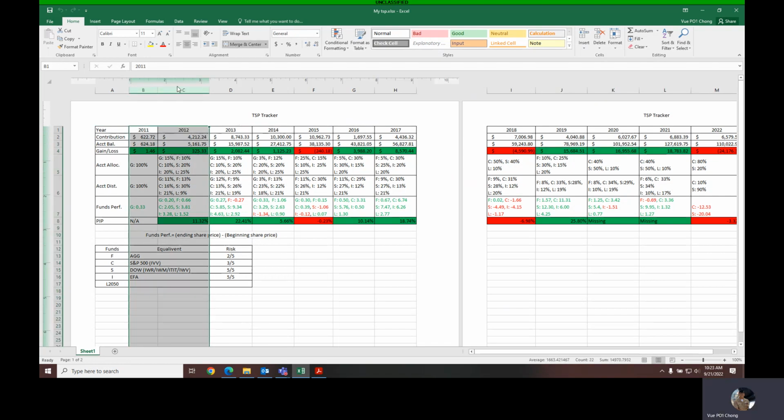Boot camp, got into TSP not knowing what's going on. So most of your money is probably going to be in G funds. And as you can see, I joined in June of 2011. That 6 months, I've only gained 33 cents back of my $600. But the following year, I redistributed all my money into 11% G, 30% F, 16C, 30S, whatever it is, right?